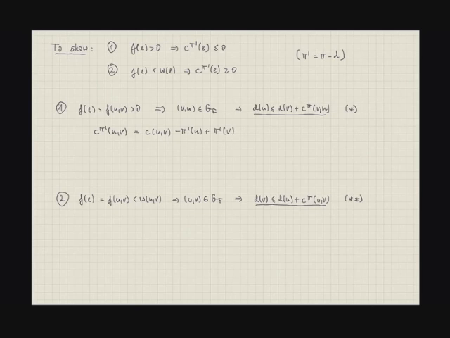Now let me just plug in the definition of the new reduced costs here. So this is equal to c, the cost from u to v, minus pi of u plus pi of v, and then plus the distance to u minus the distance to v.